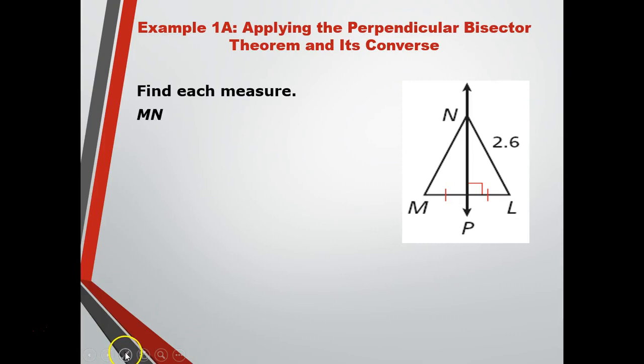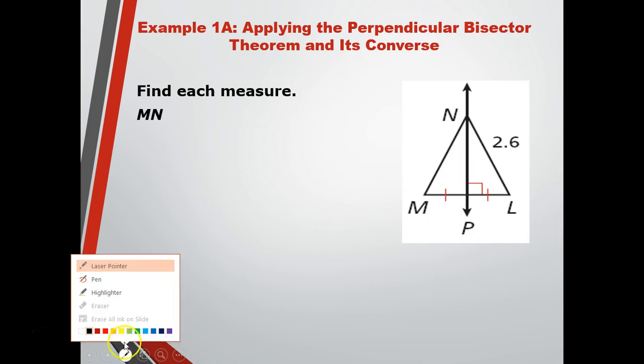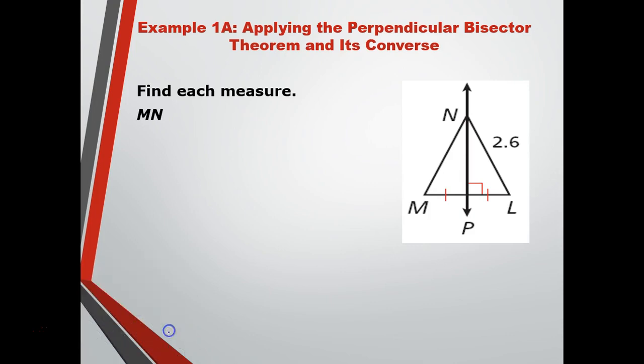Okay, this exercise comes straight from what we just looked at with the perpendicular bisector theorem and its converse. What we have here is this drawing that tells us that NP is the perpendicular bisector of ML, because we know this distance right here is congruent to this distance over here, and these two lines intersect at a right angle.